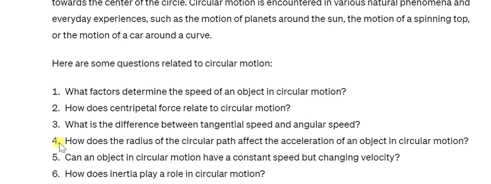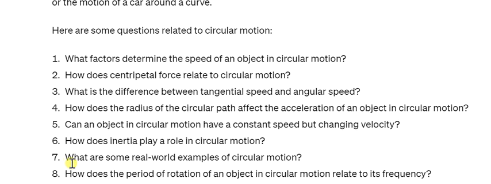Further, the fourth question is how does the radius of the circular path affect the acceleration of an object in circular motion? Can an object in circular motion have a constant speed but changing velocity? Sixth question is how does inertia play a role in circular motion?